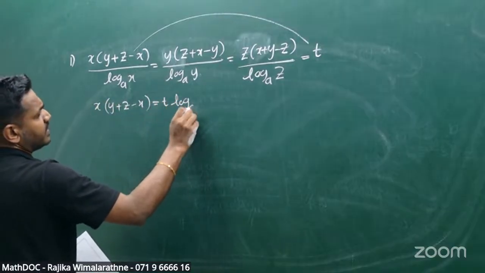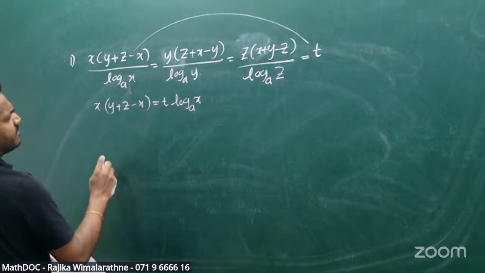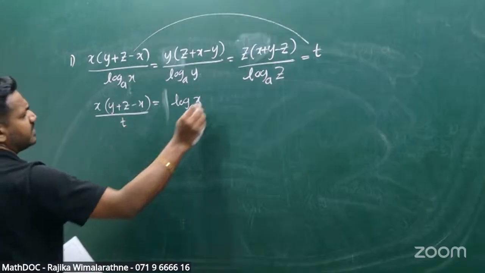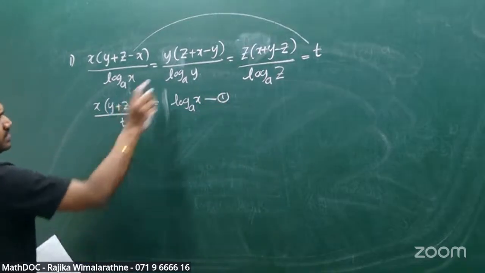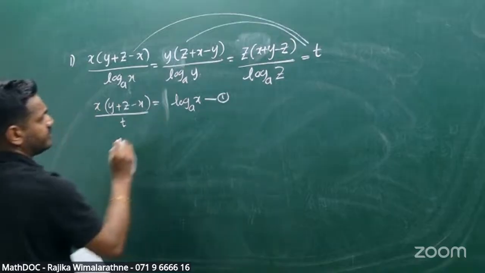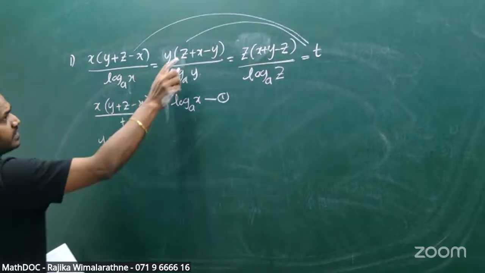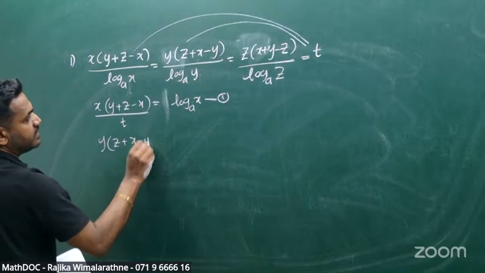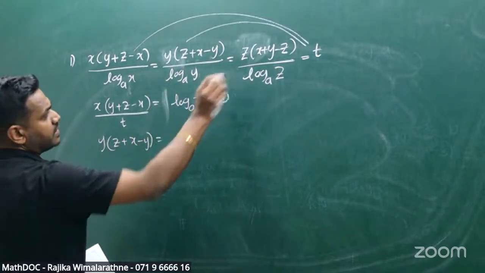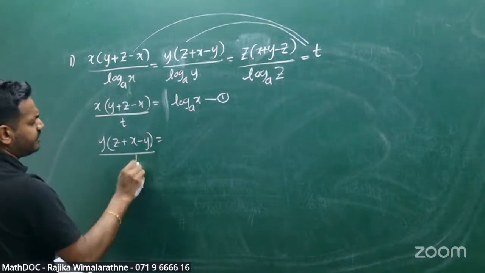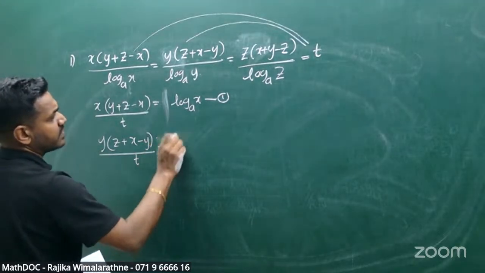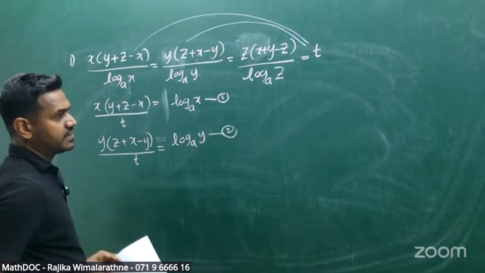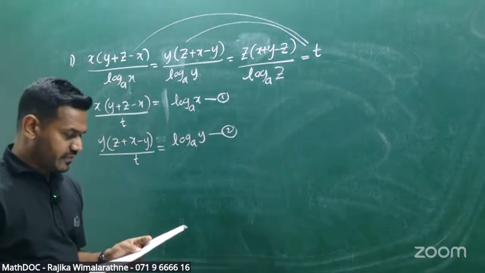Log a base x over y plus z minus x equals t. Then again you divide by t, say 1. Then do the same thing for this: log a base y over z plus x minus y over t. So I'm going to simplify only one term.